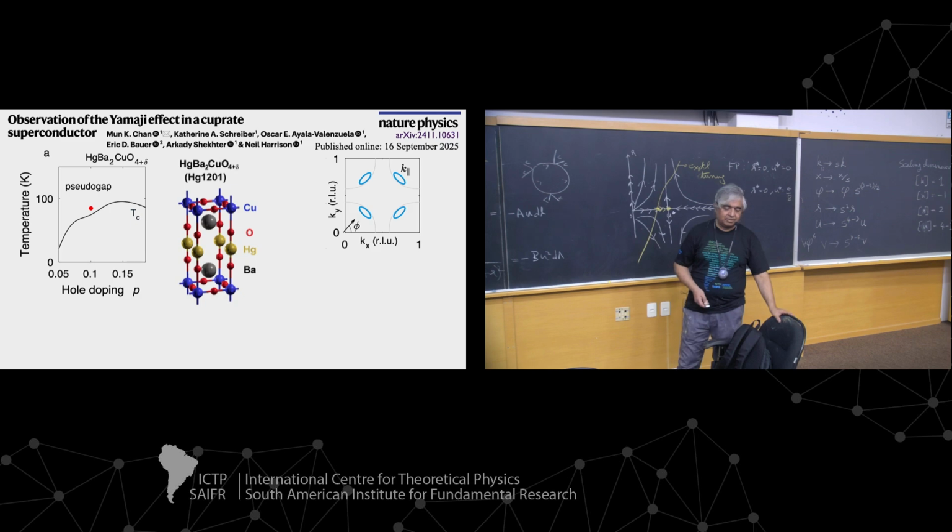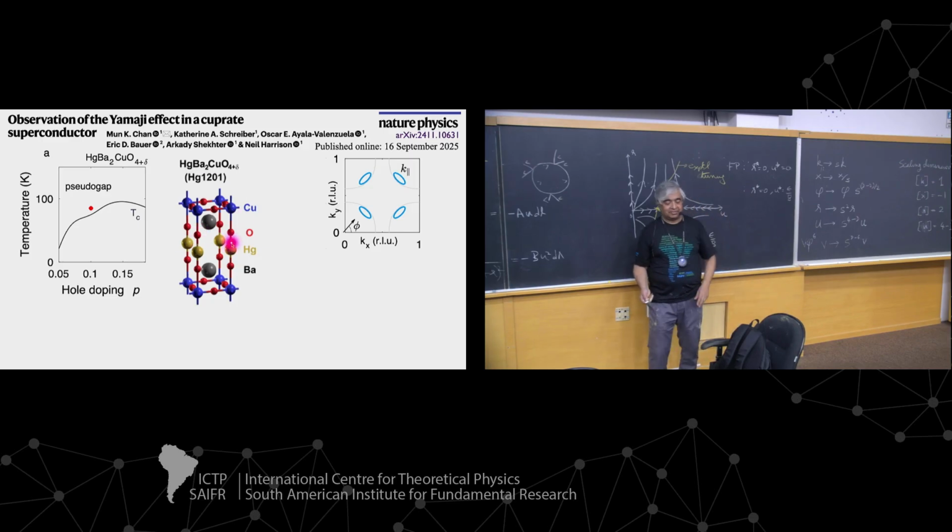First by Brad Ramshaw, and then this beautiful paper just came out about a month and a half ago. So they measured this particular compound, this mercury compound, at this point above in the pseudogap, p is 0.1. And this compound has a very nice feature along this axis.